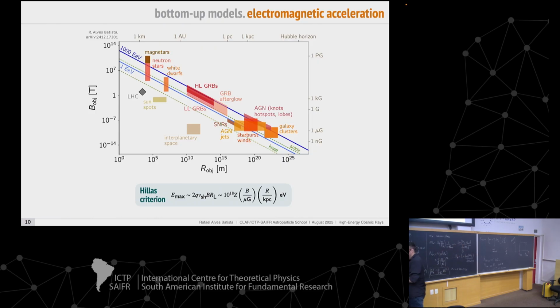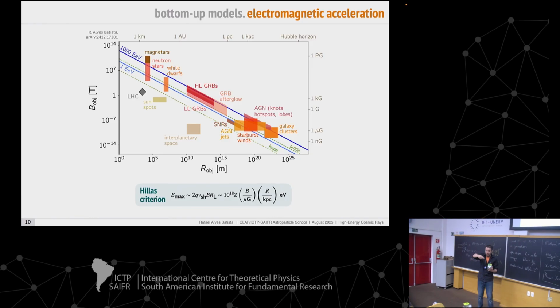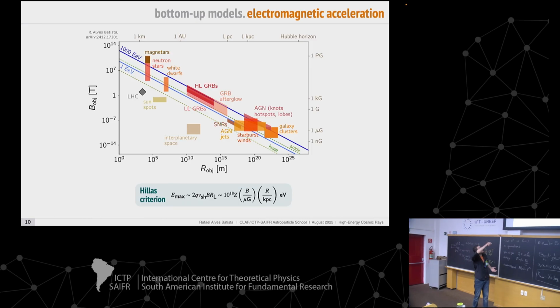Let's understand what's happening. If we have a given object with a radius, the particle has a given gyro radius or Larmor radius, which depends on the energy. So this particle will keep being trapped by the magnetic field of the object.